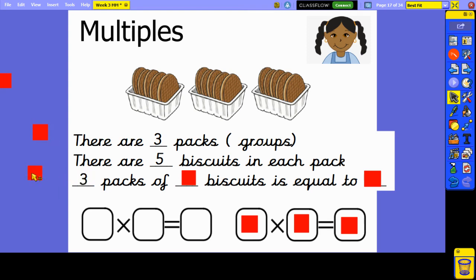So I've got 3 packs of 5 biscuits. 3 packs of 5 biscuits is equal to 5, 10, 15. 3 packs of 5 biscuits is equal to 15, which means 3 times 5 is equal to 15. Very well done if you're writing down that multiplication equation.